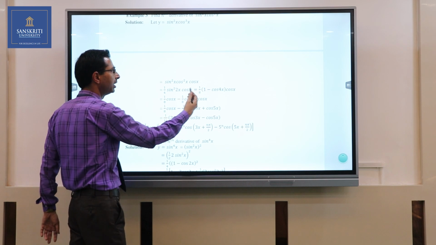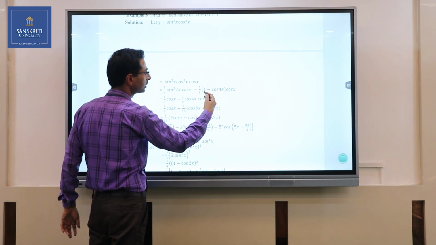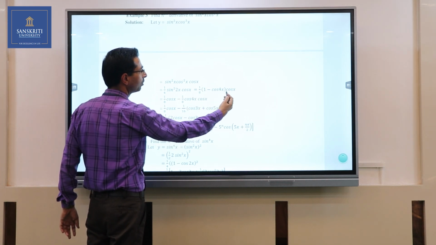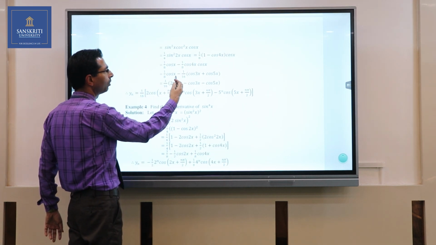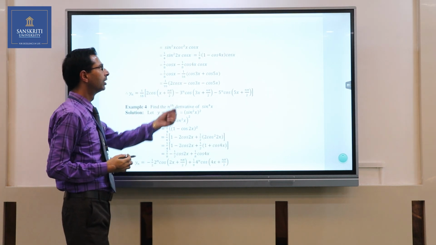Multiplying by cos x, we get cos x minus cos 4x into cos x, that is 1 upon 8 cos x minus 1 upon 16.